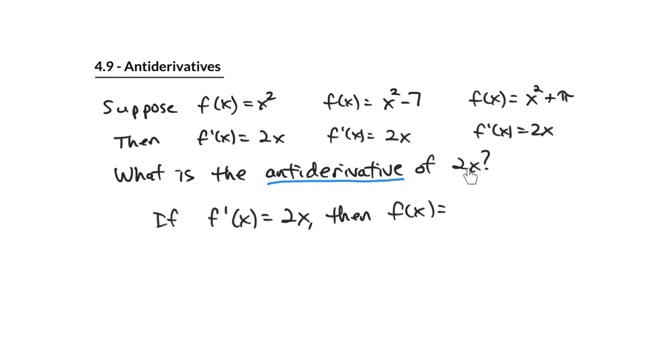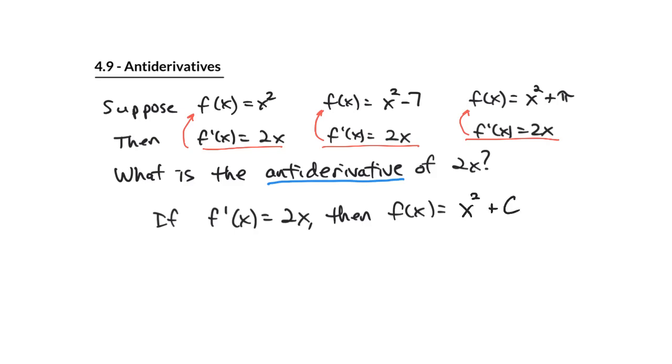And you can see in this case, here's the derivative, 2x, right? Each one of these cases, we've got this derivative is 2x. And if you look back to the original function, in each case, it's a little bit different. So to answer this, we could say f of x equals x squared plus c.